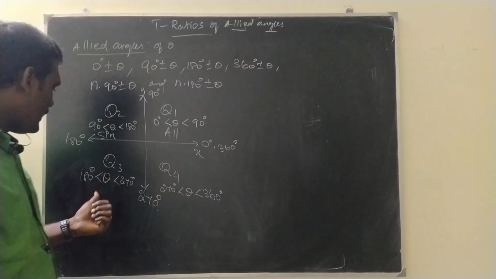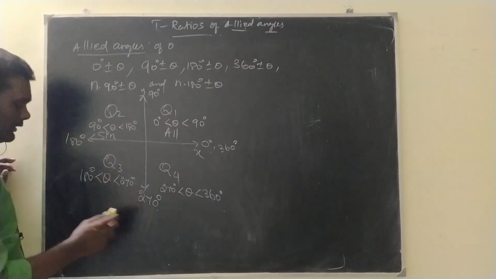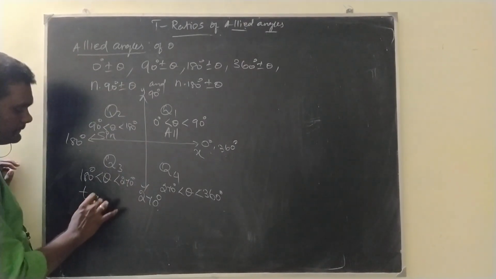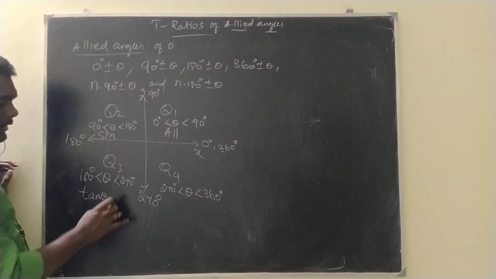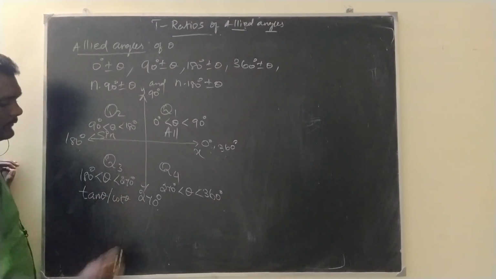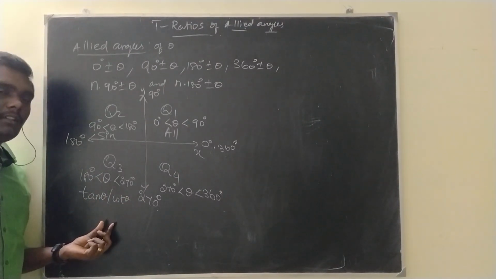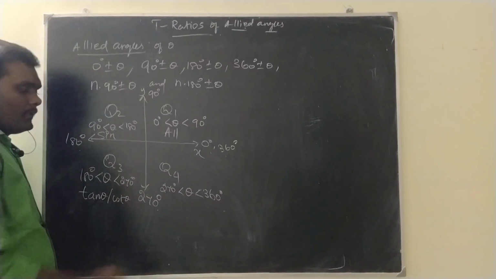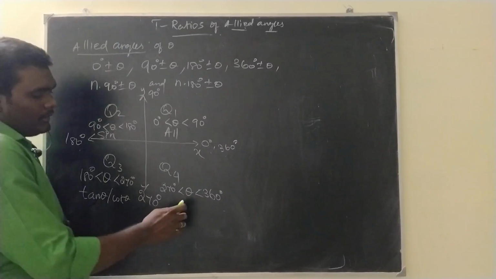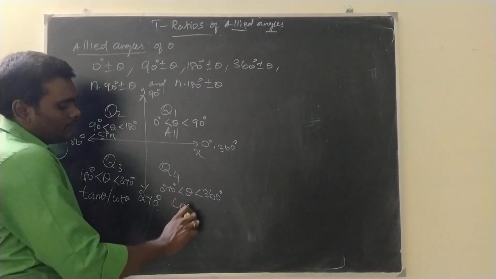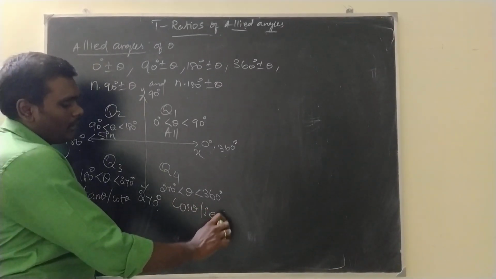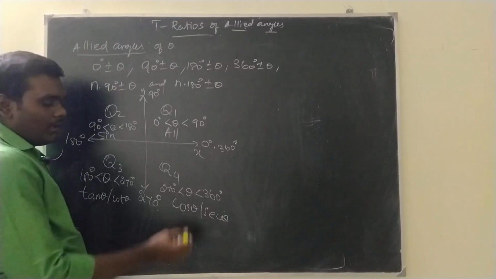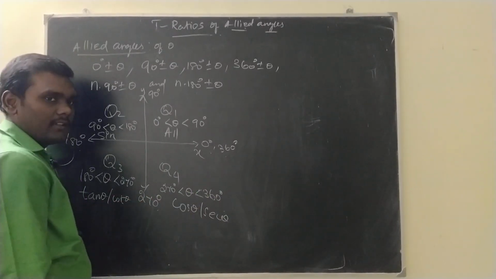And here the third quadrant is the territory of tan and its reciprocal cot as well. They are only positive. Remaining everything would be negative. And here is the territory for cos theta and its reciprocal sec. Only cos and sec would be positive, remaining everything is negative.